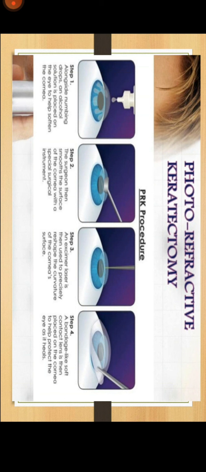So we have to decrease the power of the cornea or lens. Here we are decreasing the power of the cornea by scraping the thickness of the cornea. They are scraping with an instrument.